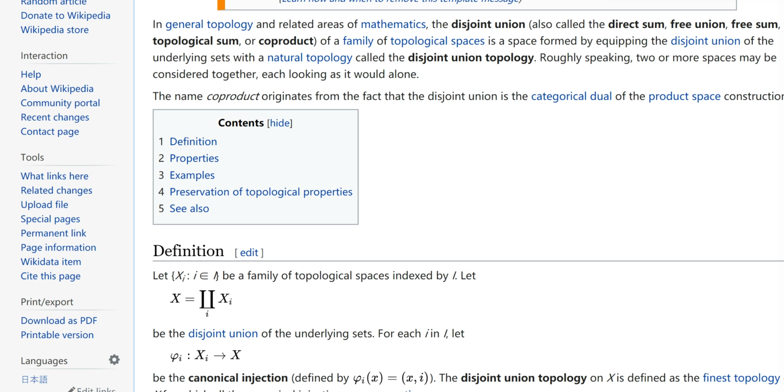Roughly speaking, two or more spaces may be considered together, each looking as it would alone. The name coproduct originates from the fact that the disjoint union is the categorical dual of the product space construction.